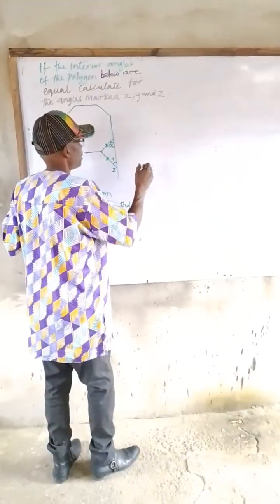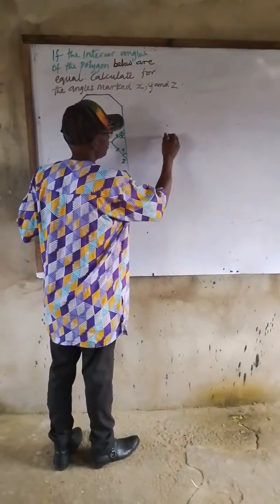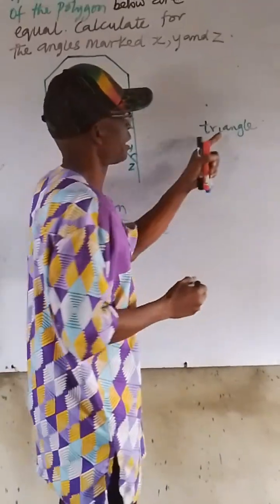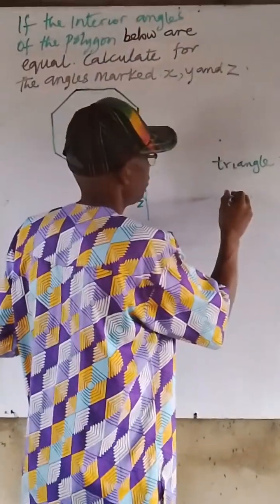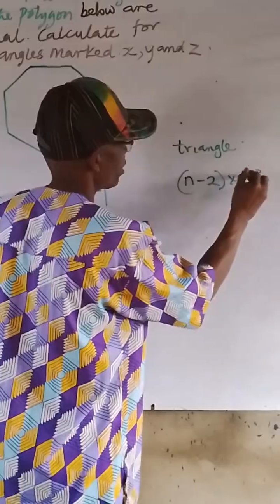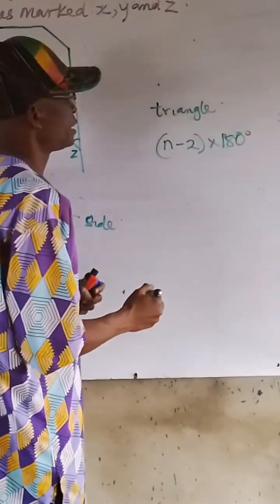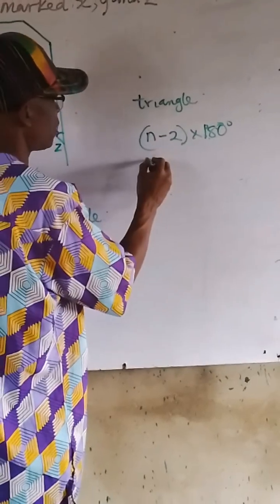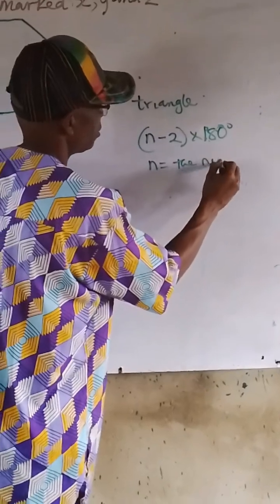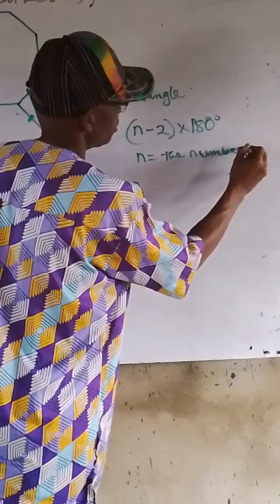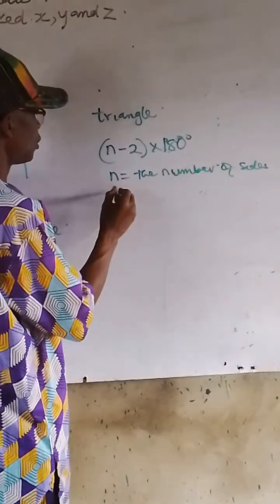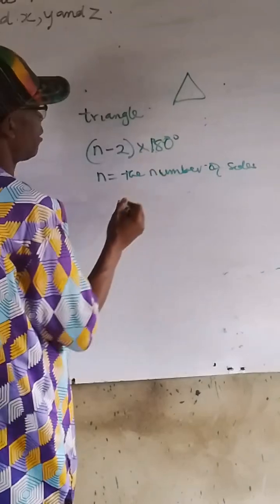Now let us do it this way. If we have triangle, it means what? Three-sided figure. Now look at it. We have the formula n minus 2 times 180 degrees. In a situation as such, n here stands for the number of sides. A triangle has three sides.